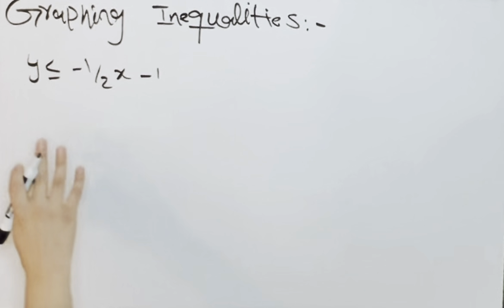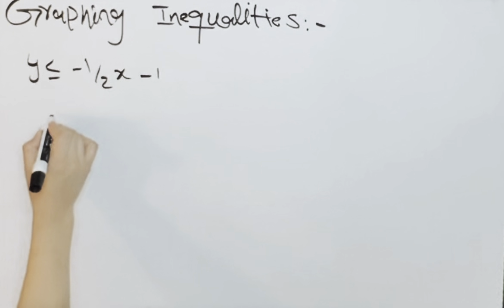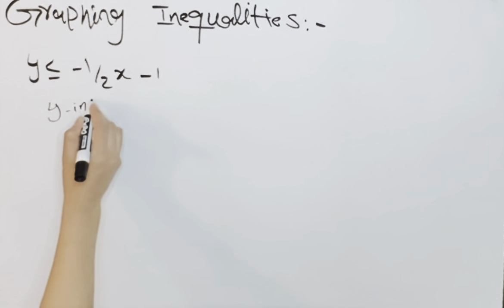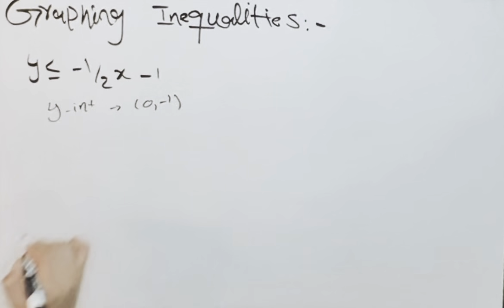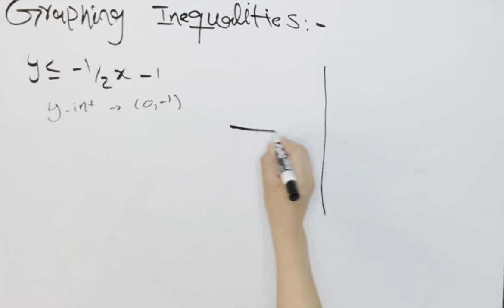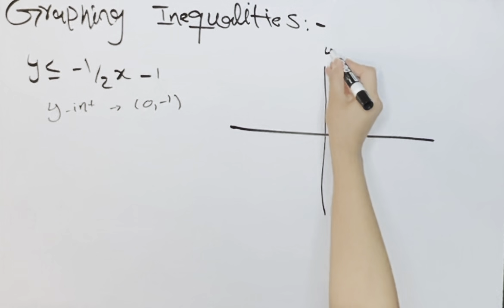But again, since I'm thinking about it like it's a line, y is equal to negative 1. Okay, the first point that I have is my y-intercept, and it is 0 and negative 1. Now all I need to do is to draw out my coordinate system.